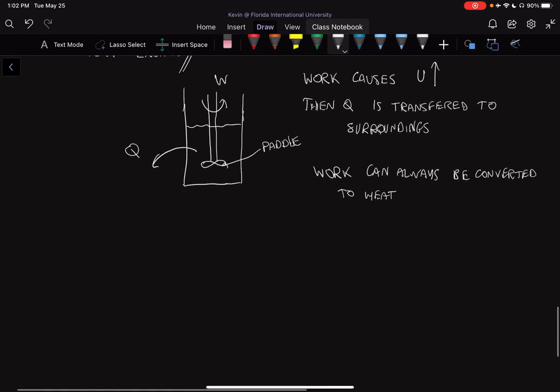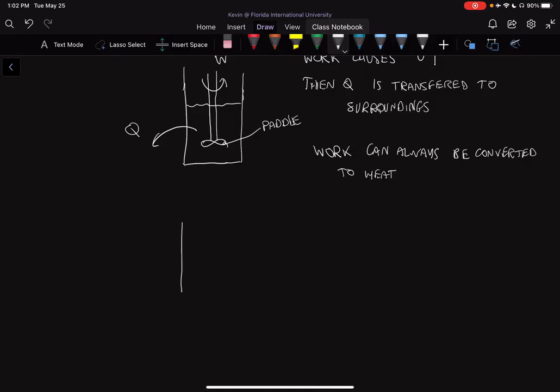Now let's look at the same example and reverse the process. So we still have our paddle, and now instead of having heat coming out, we're actually going to add heat. Is the heat going to create work?